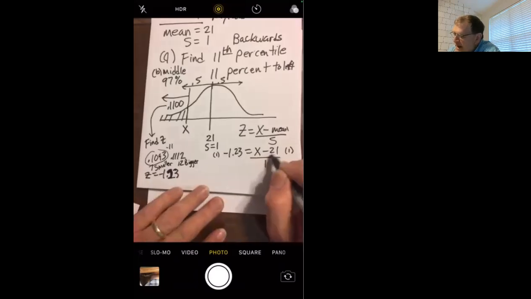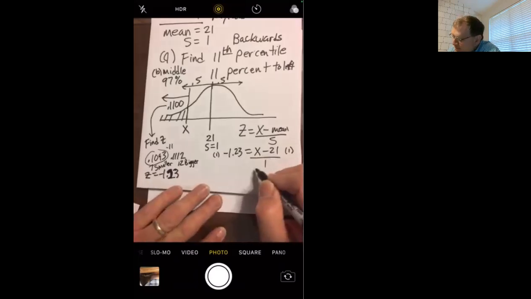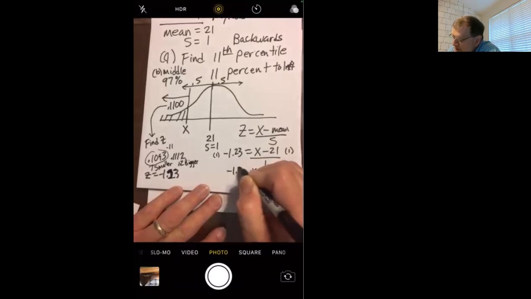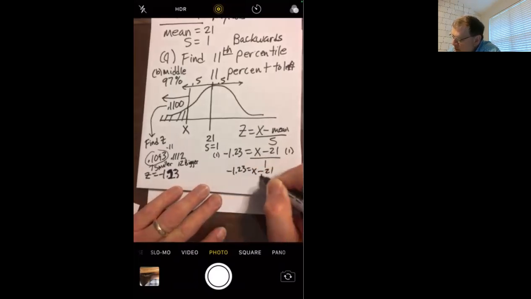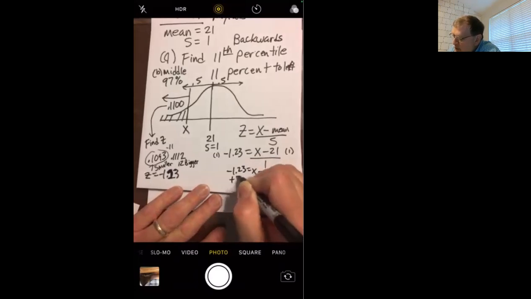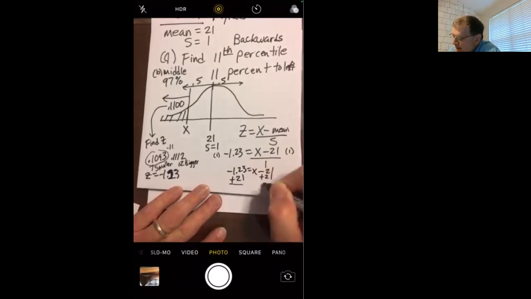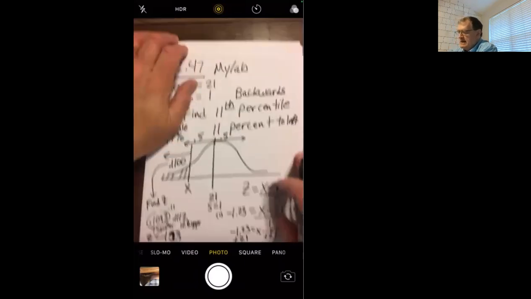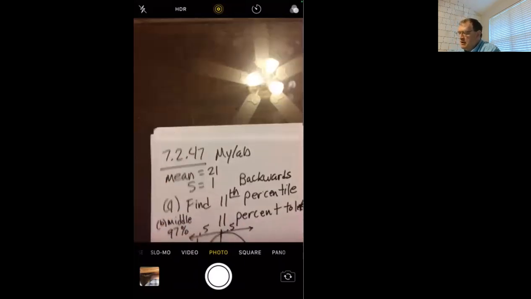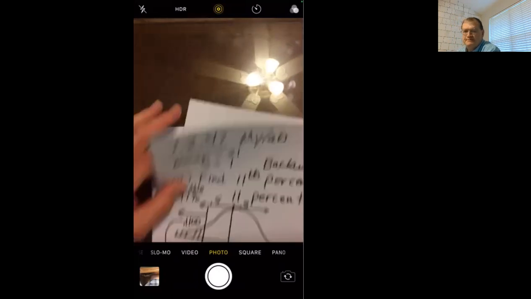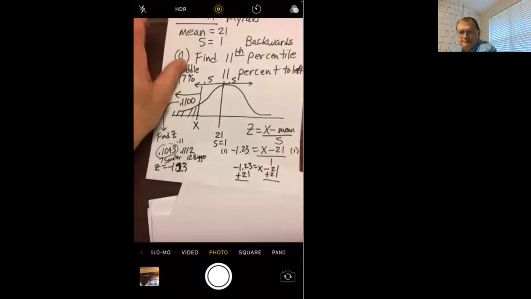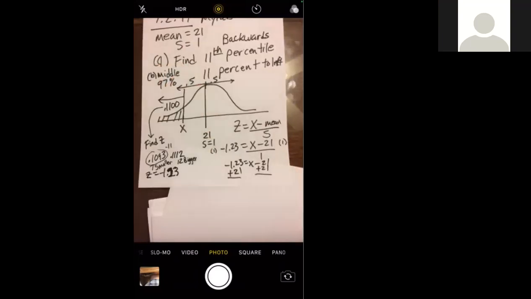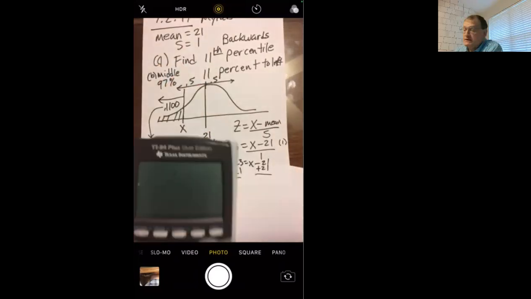So then on this one, I've got to add the mean. X minus 21 is negative 1.23. I'm going to add 21, add 21. Negative 1.23 and add 21, or 21 minus 1.23, either way.